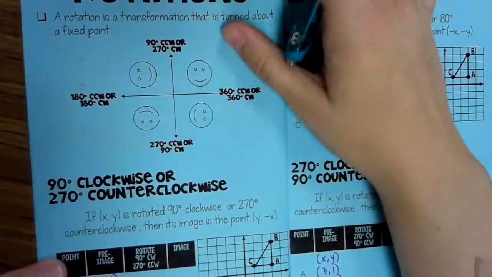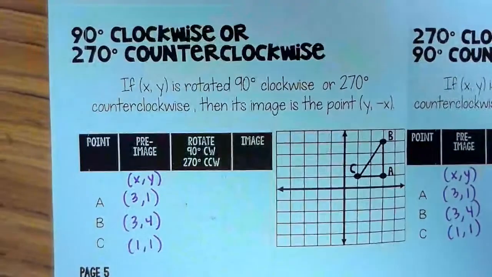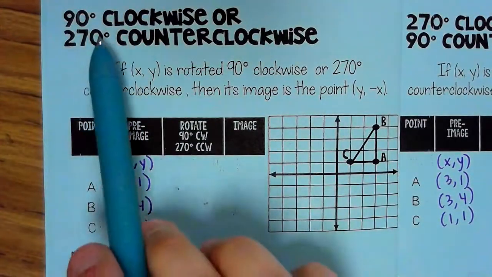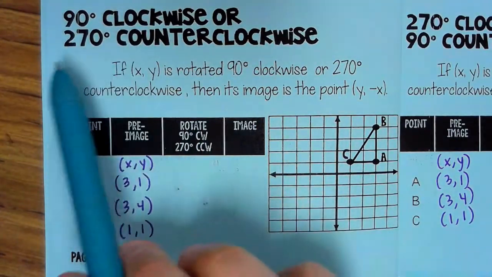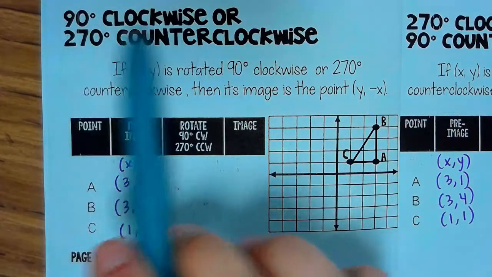These are going to have rules just like the reflections did, so I think you'll find it pretty simple. We're going to start with 90 degrees clockwise. 90 degrees clockwise is the same thing as 270 counterclockwise. I don't know that you're ever going to see us call it 270 counterclockwise. We're going to call it 90 clockwise.